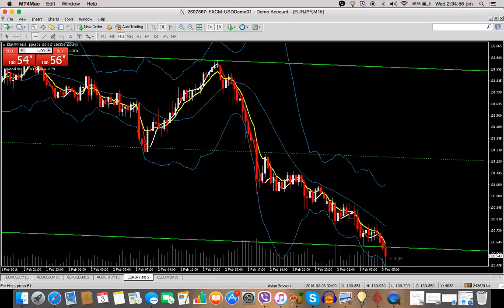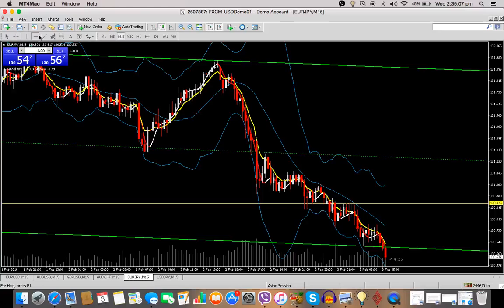Okay, so what I initially did was I took my horizontal line, drew in a line at the very top of this, and then I'll draw another one in at the bottom of this. Okay, that gives me an indication of where price has traveled throughout the duration of this candle.